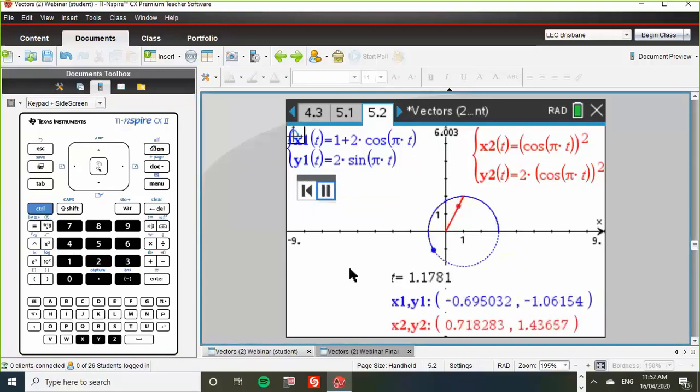We can see from the circular motion graph there, we've got cos of pi t and sine pi t, so 2 pi on n, 2 pi on pi is 2. So the period for circular motion there is 2. But what you'll also have noticed is that the particles never collided.